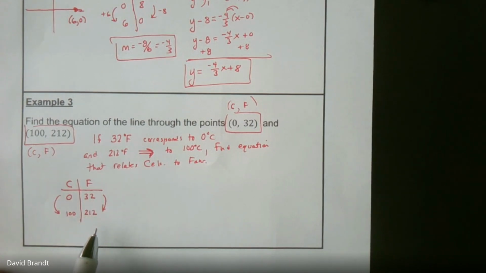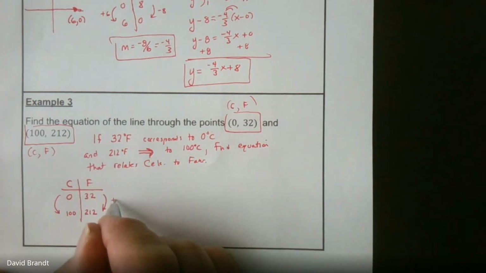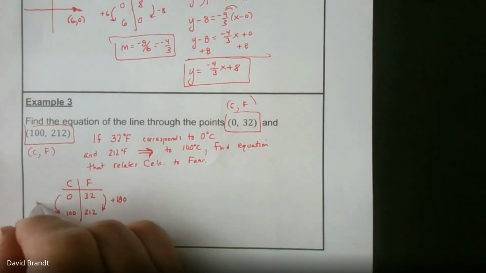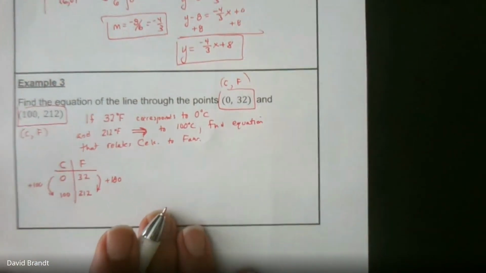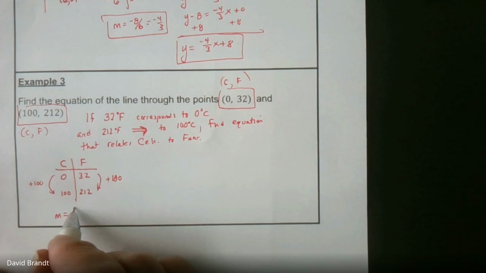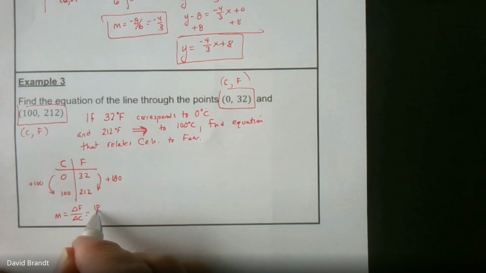If you subtract, that's up by 180. And this is up by 100. So my slope, which is rise over run, change in y over change in x, or change in F over change in C, is 180 over 100. And that reduces all the way down to 9/5.